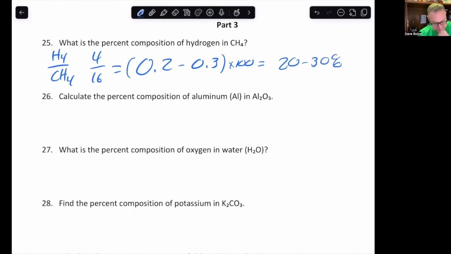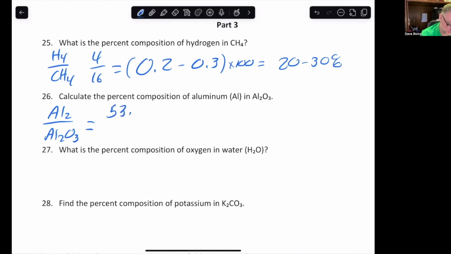All right, aluminum in Al2O3. Again, Al2 over Al2O3 is going to be equal to 53.96 divided by 101.96. And ooh, they both end in 96. That's unusual.